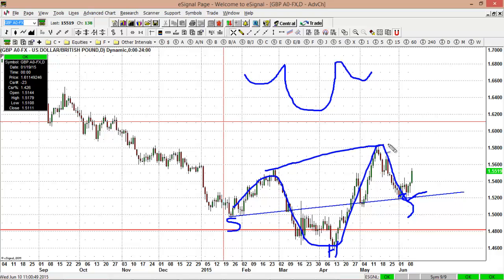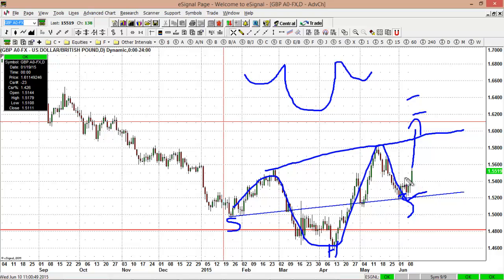This is a slanted neckline. So if we extend the line here, if we can close above this imaginary neckline up to the 160 area, that will be fairly bullish for the British pound, and that will open up the upside, so we could be at 162, even at 164.